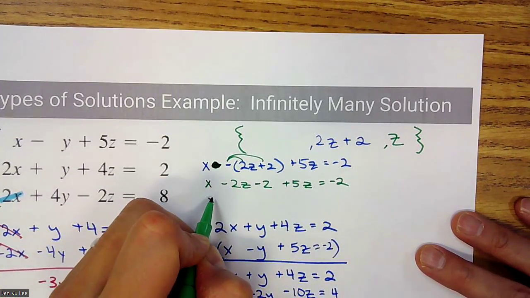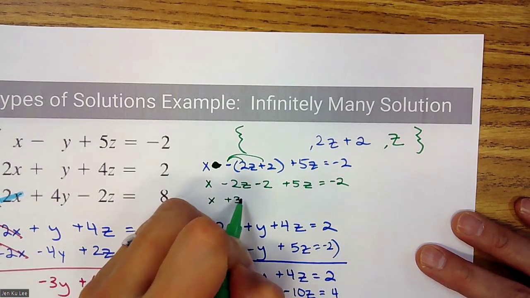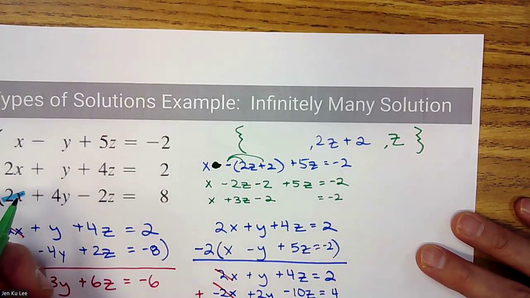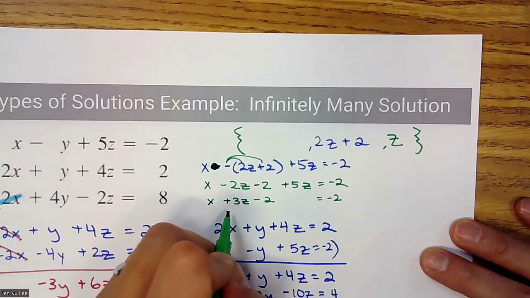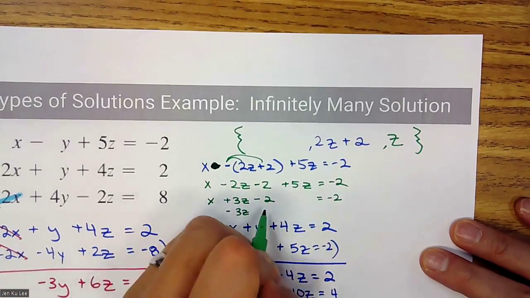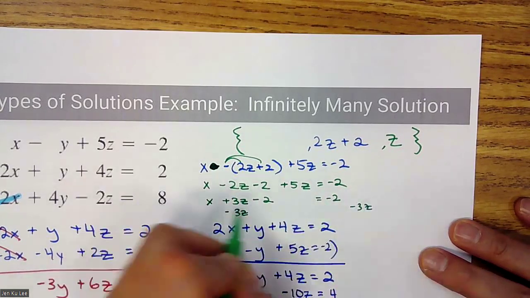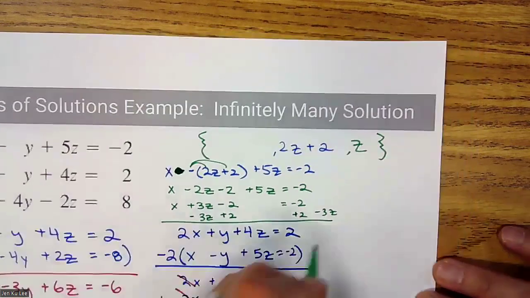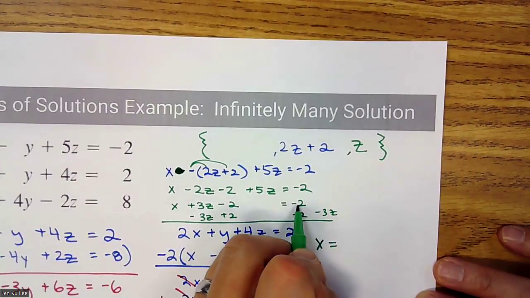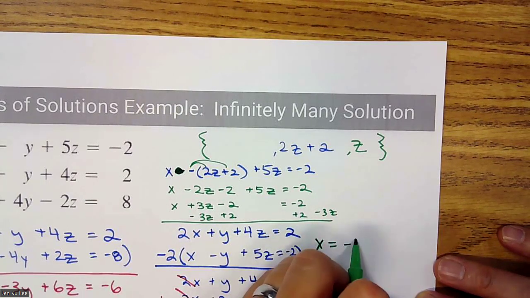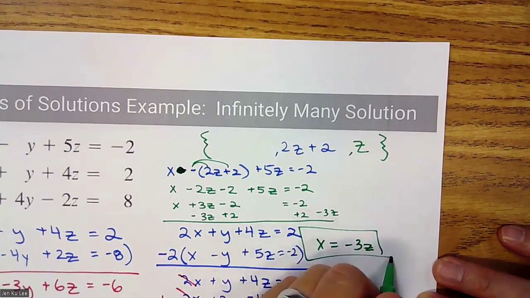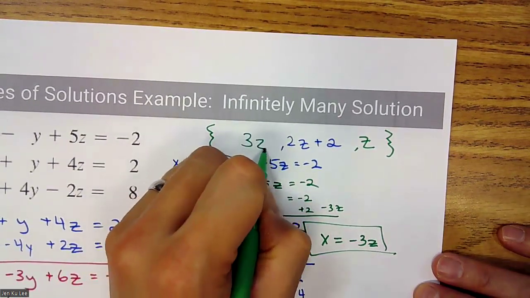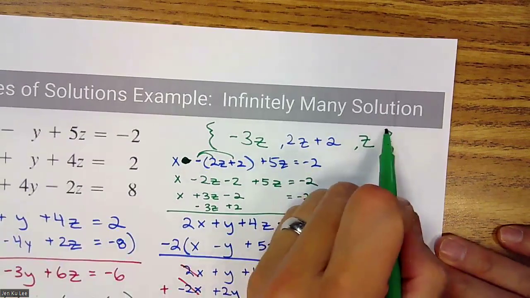So I have x plus 3z minus 2 equals negative 2. I'm just going to subtract 3z and then add 2 to both sides. When I do that, I'm left with x equals negative 3z, right?